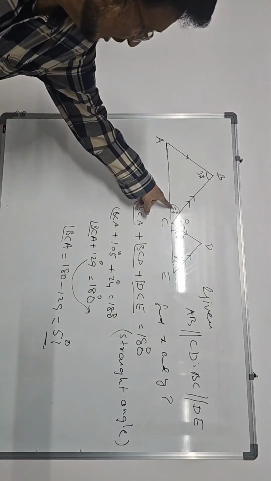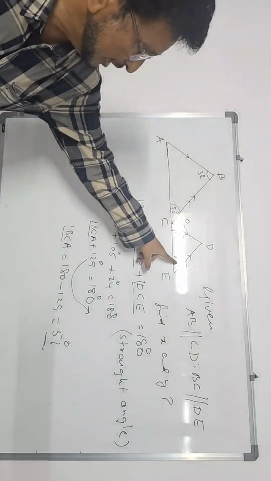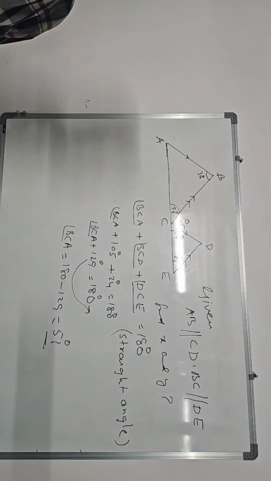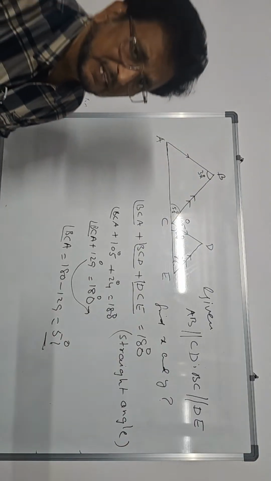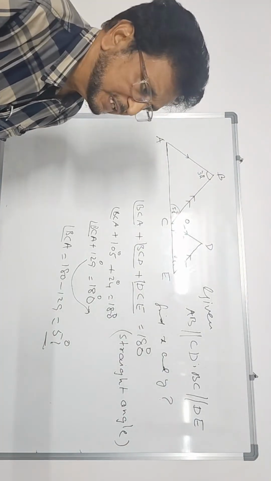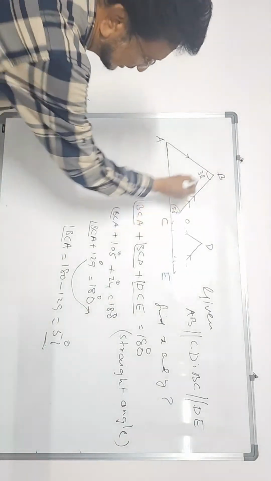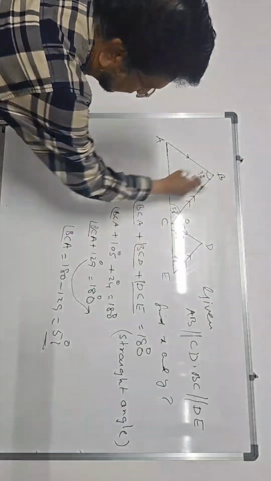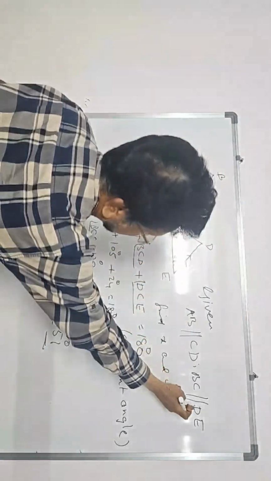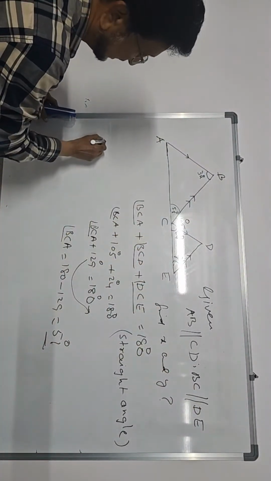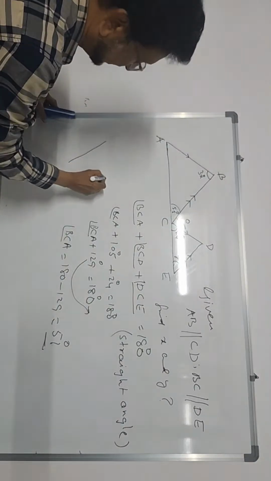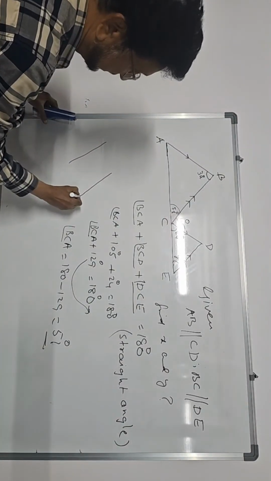This we got 51. This Y will also be 51. Why? Corresponding angles. I told you already, if a line is cutting pair of parallel lines, corresponding angles are equal like this. These are parallel. BC is parallel to DE given here. If I write like this, BC is parallel to DE.